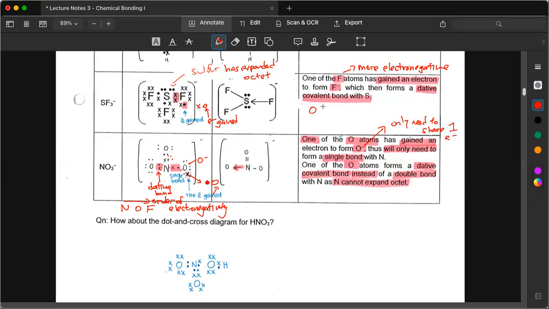So O, the valency is 2. It will share 2 of its electrons in bonds. But O-, because it gains 1 extra electron, the valency dropped to 1. Therefore, you only see a single bond between N and O here. Okay? One of the O atoms forms a dative bond. N cannot expand its octet, unlike sulfur in the earlier example.